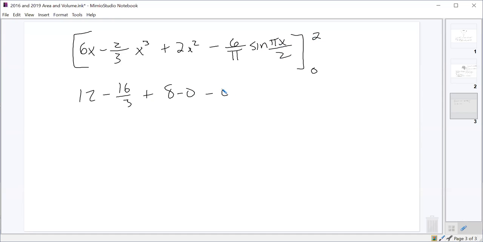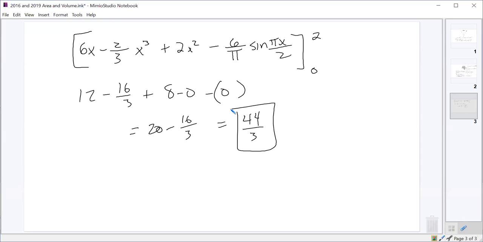And then all the rest of this is a bunch of zeros if I plug in 0. Everybody agree with that? Yep. We got 20 minus 16/3, which ought to be 60/3 minus 16/3, which would be 44/3. So a little bit of an annoying one for the area.